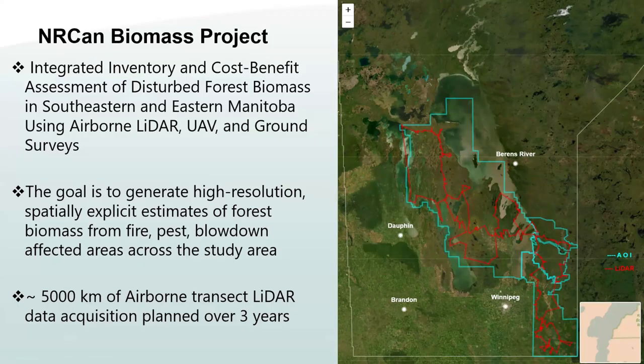The goal is to generate high resolution, spatially explicit estimates of forest biomass from fires, pest, and blowdown affected areas in the study area. What you see on the map in red is where we are going to use transect-based LiDAR, around 5,000 kilometers of transect LiDAR, to capture data that we will use for our modeling.